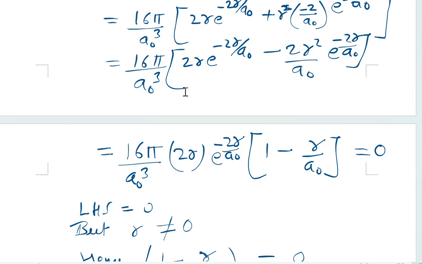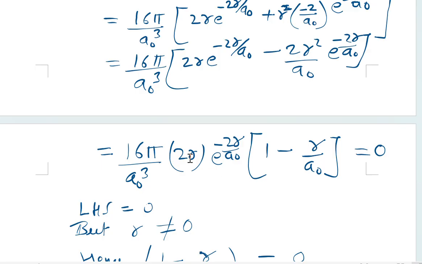Now rearranging the terms, we take the common things out of the bracket. So we get 16 pi by a0 cube into 2r into e to the power minus 2r by a0 into (1 minus r upon a0) is equal to 0. The left hand side is the product of factors, but since the whole LHS is equal to 0, either the first factors are 0 or this one is 0.